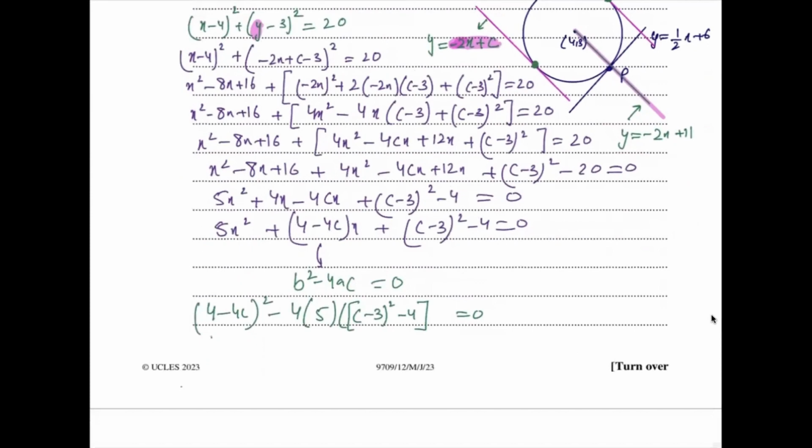That's going to be 16 minus 32c plus 16c squared minus 20 times c minus 3 the whole thing squared minus 4.